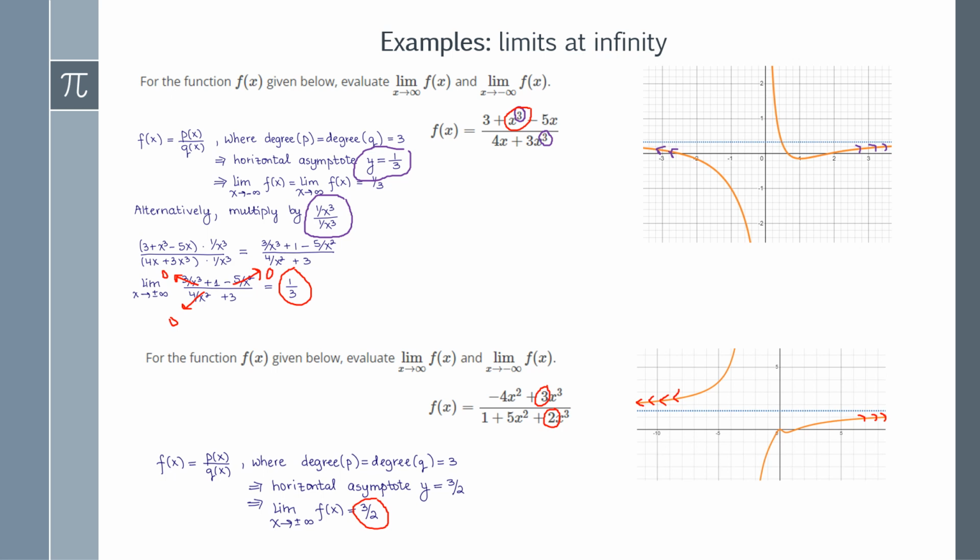If you would like to practice, you can try this approach right here by multiplying this function by the same expression, actually, because the degrees are the same, right? So 1 over x cubed over 1 over x cubed, you will see that you're going to get exactly the same answer. Okay, so this case, when the degrees are the same, is nice. All we need to look at is the leading coefficients.